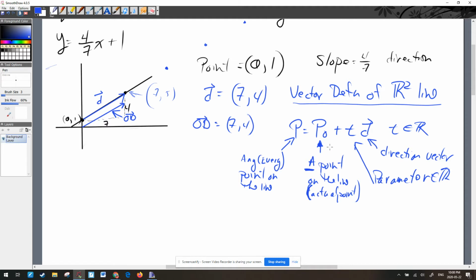So our P naught could just as easily be (7, 5) as (0, 1). Or we could go out another one, so we could do (14, 9). Or we could go backwards and say (-7, -3) out here, if I've done that correctly in my head. Any one of those could equally be a point on the line.